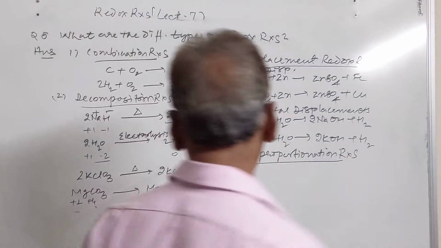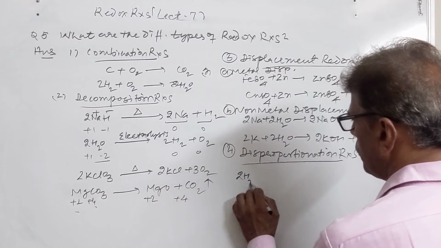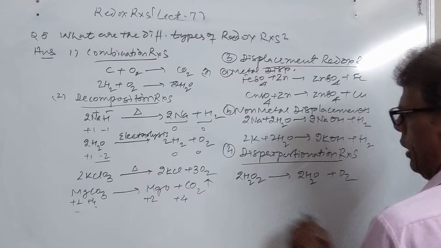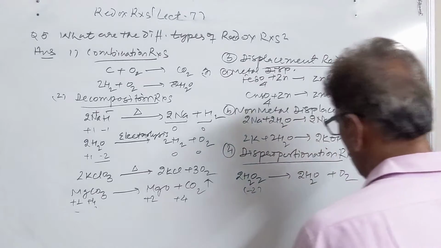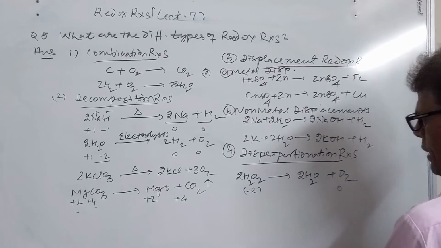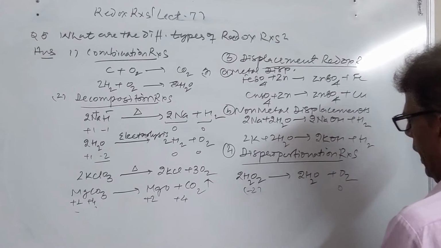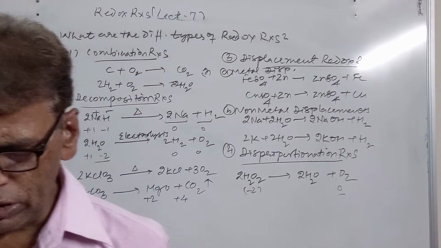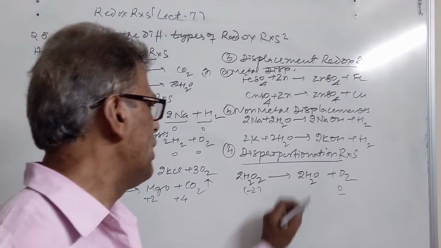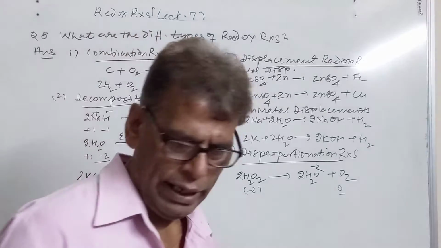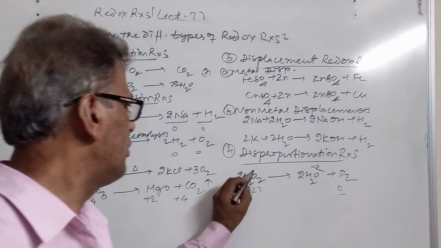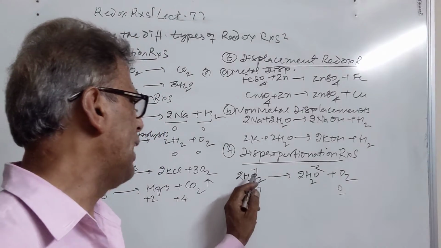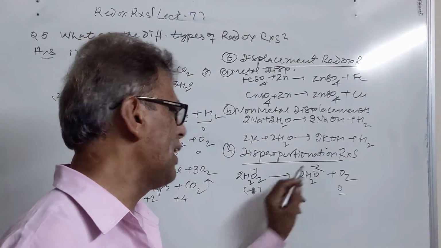Let us see one reaction. 2H2O2 decomposes to give you 2H2O plus O2. Here the oxidation number of oxygen was -1 in H2O2, and it changes to -2 in H2O and to 0 in O2. So the oxidation number has changed: in one case it has increased, in the other it has decreased.